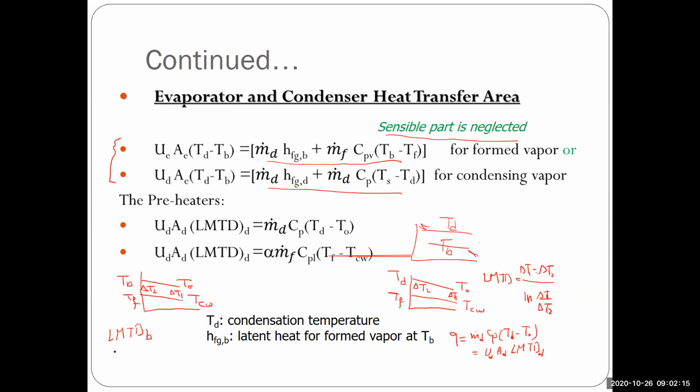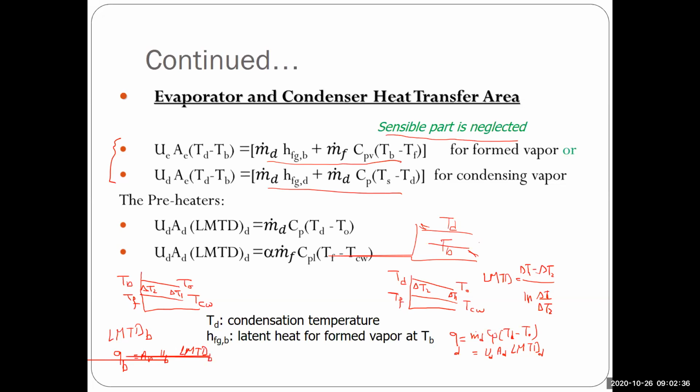Accordingly, if this is QD, then this is going to be Q for the brine preheater, which is the area of the brine preheater times the overall heat transfer coefficient times the log mean temperature difference for the brine preheater.